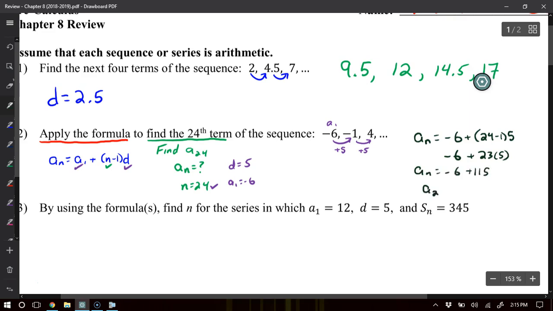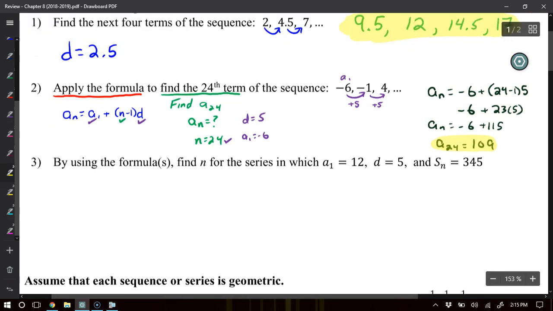So the 24th term is 109. And there's my answer. So this one was a straightforward order of operations problem. You were given information, I looked at the formula, and I plugged it in. Notice again, we made a list of it as well.